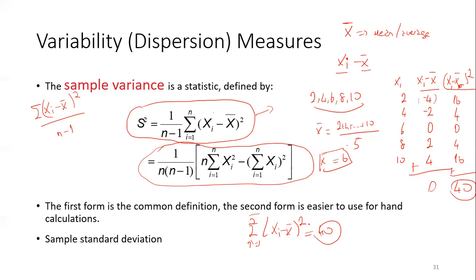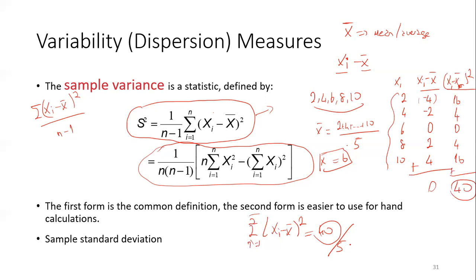What I need is the deviation per unit. So you should divide by how many units we have. We have 5 units, but we will not divide by exactly 5.